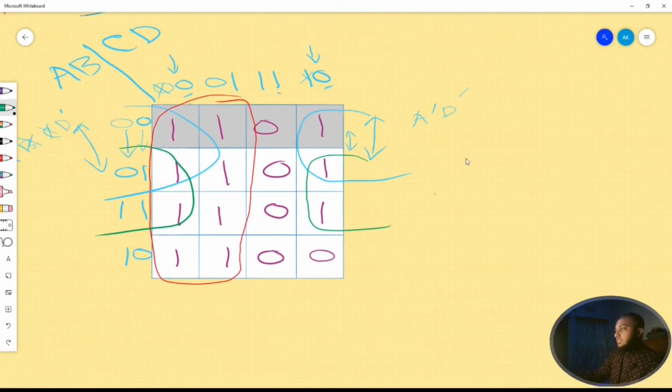Okay, let me finish this. Like the blue group, we can see the green group also covers the first column and the last column.